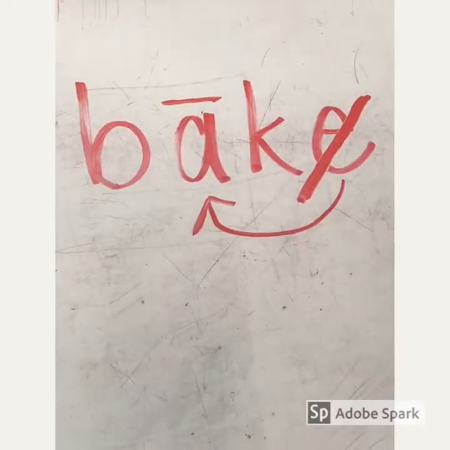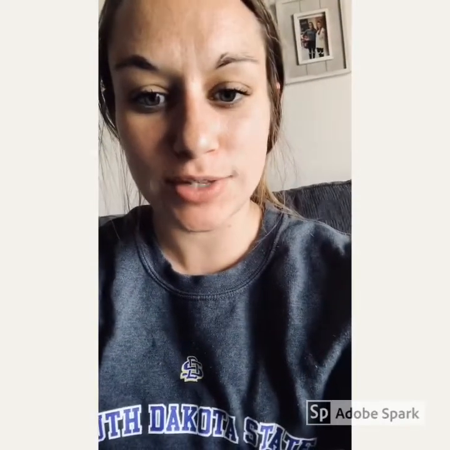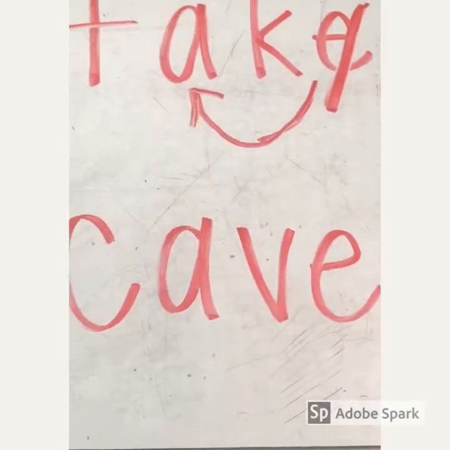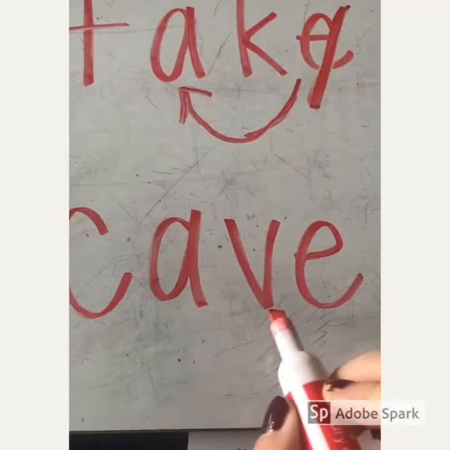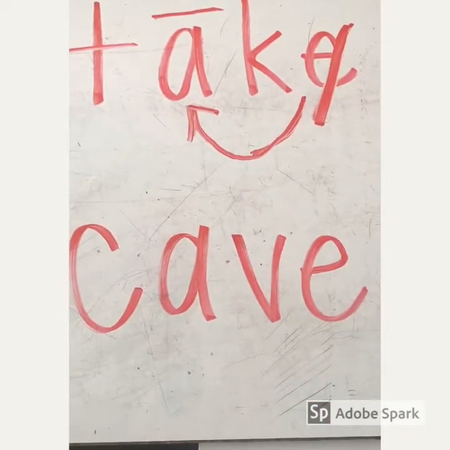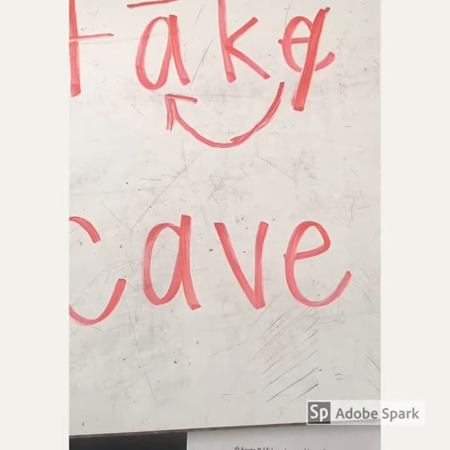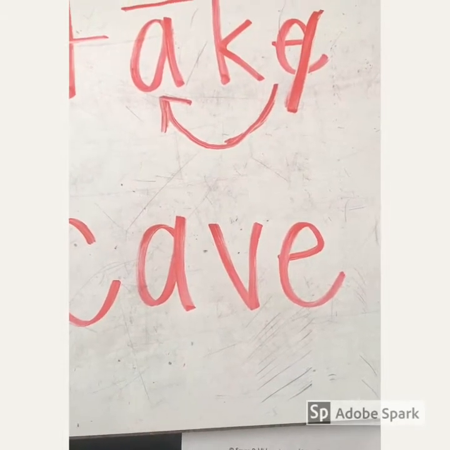All right, we're going to try another one. You can get out a whiteboard and a dry erase marker, and we're going to use those next. Now I want you to write this word, C-A-V-E. Do you see any vowels in this word?